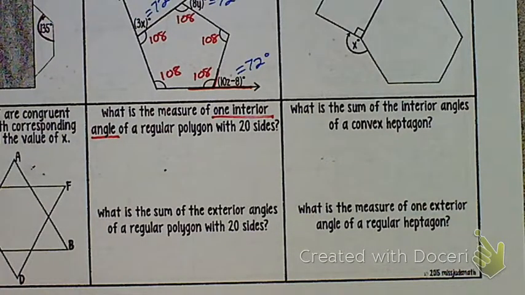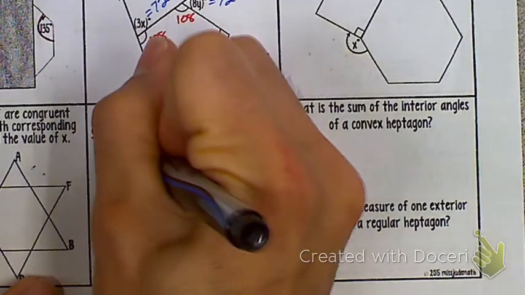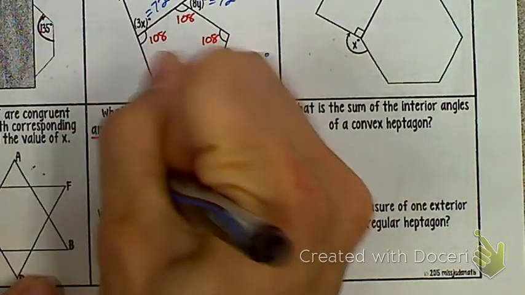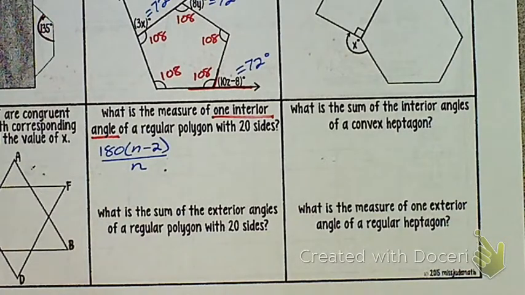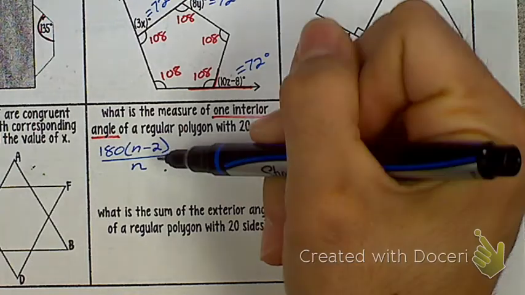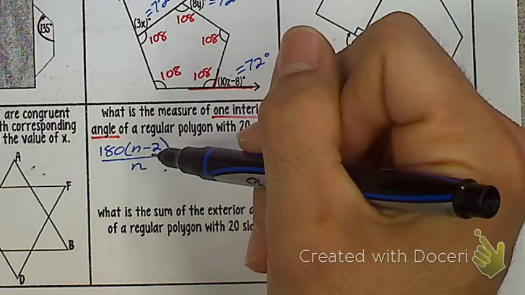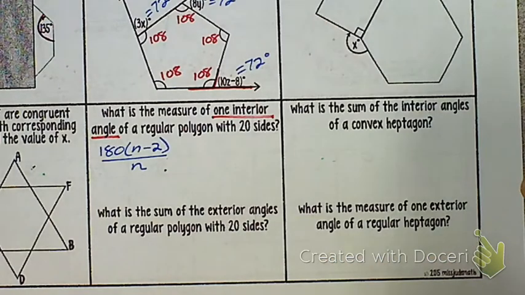For each interior angle: 180(n minus 2) divided by n. Guys, for every question on today's assignment, I want you to write this formula from the beginning, every single time, just so it gets stuck in our head. What does n stand for? Number of what? Angles or sides.